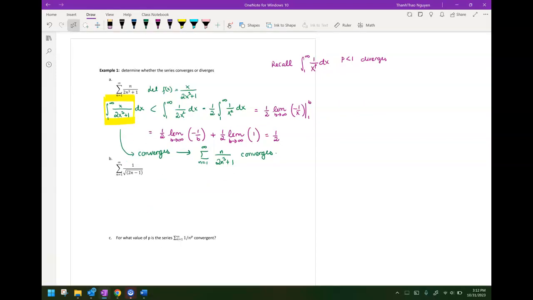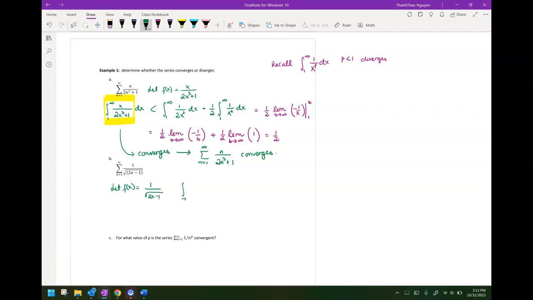In the next case, we have the sum from n equals 1 to infinity of 1 divided by the square root of 2n minus 1. Let's talk about the convergence and divergence of that series. Let f of x be the function 1 divided by the square root of 2x minus 1.